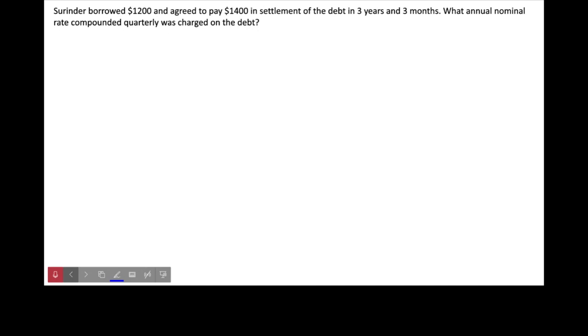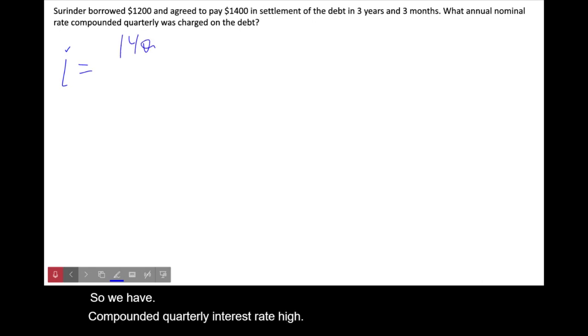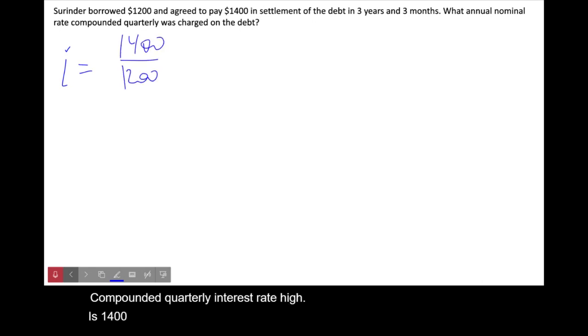Okay, so let's see. So we have compounded quarterly interest rate. i is 1,400 over 1,200. Exponent is 3 years, 3 months.